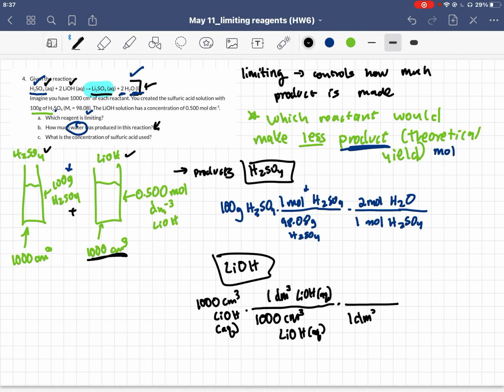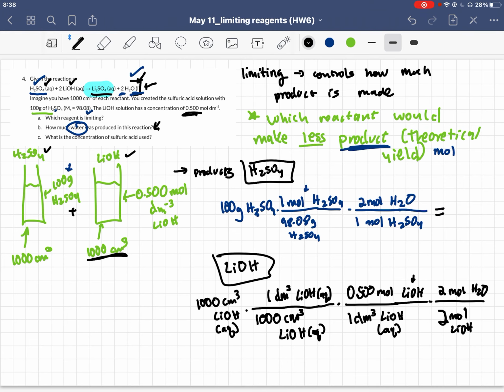So I have 1 decimeter cubed of lithium hydroxide solution. And then I know based on the molar ratio that I have 0.500 moles of just the solute lithium hydroxide. Beautiful. Now that I'm in moles of lithium hydroxide, I'm going to convert into moles of product. The coefficient is 2: 2 moles of lithium hydroxide to 2 moles of H2O.